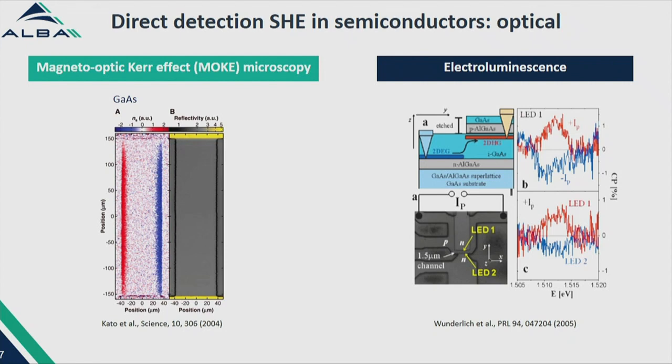Here the material system is also of the gallium arsenide family, so it's all the same family of materials with the same order of magnitude of spin diffusion lengths as this one here.